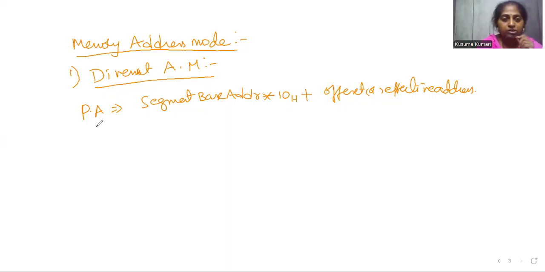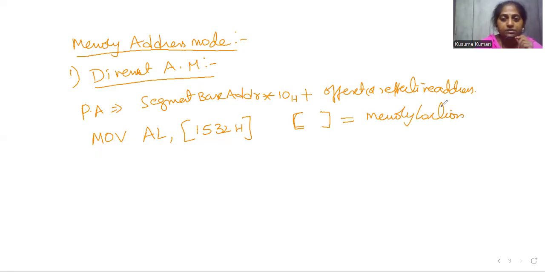Now what is the example for this? MOV AL, [1532 hexa] within brackets. When this number is represented within square brackets, the square brackets represent a memory location address.